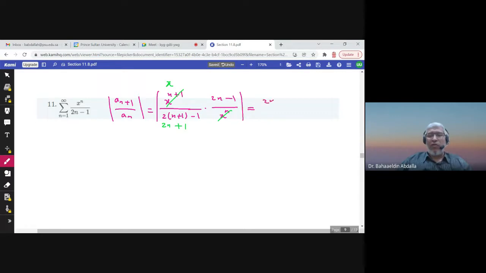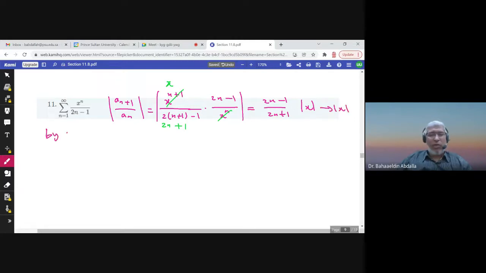So I have 2n minus 1 over 2n plus 1, and all of these are positive. N starts from 1, 2 minus 1 is positive, but absolute value of x, because x need not be positive. If n goes to infinity, this will go to 1, 2 over 2.